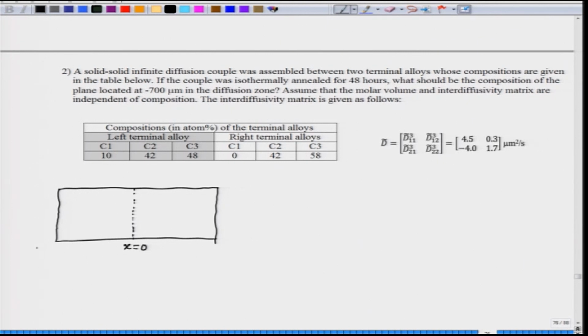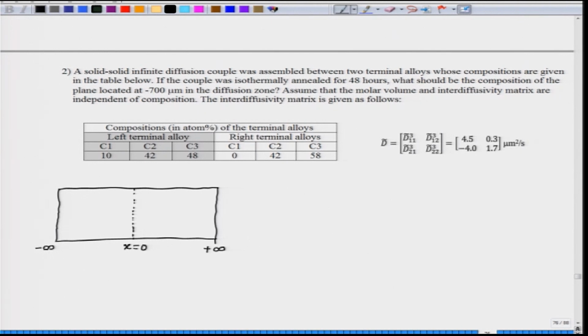So, the leftmost terminal is minus infinity, rightmost terminal is plus infinity. Again this means that the diffusing species do not penetrate by diffusion all the way to the terminal ends, so that the infinite boundary conditions are maintained.